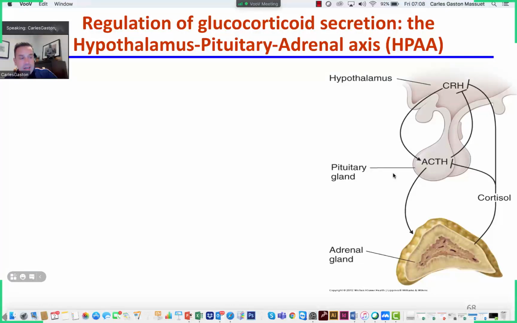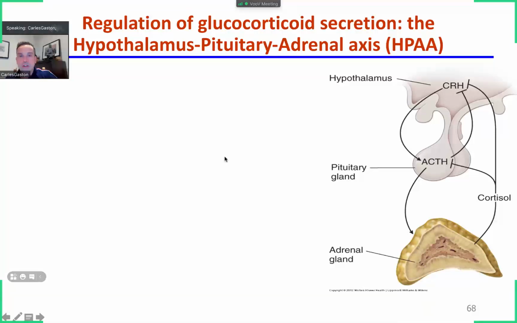Such as stress response. We're going to study them today, but it also has a negative feedback into the pituitary to tell the pituitary to stop secreting ACTH, and into the hypothalamus to inhibit CRH. Okay?